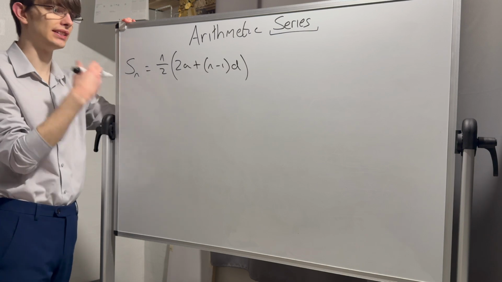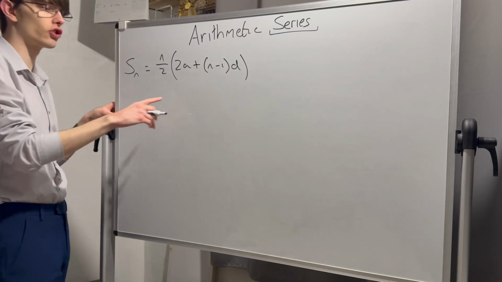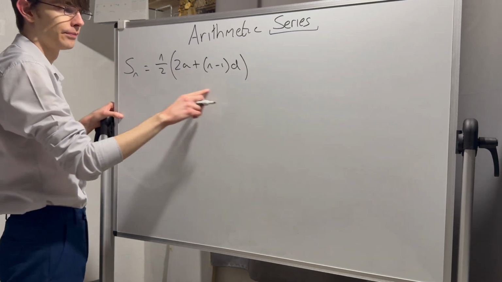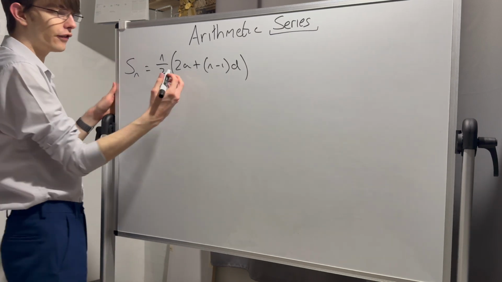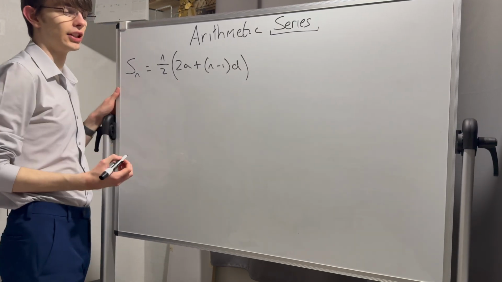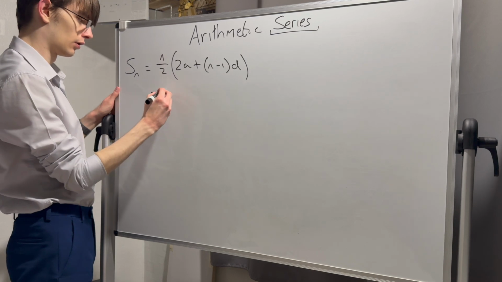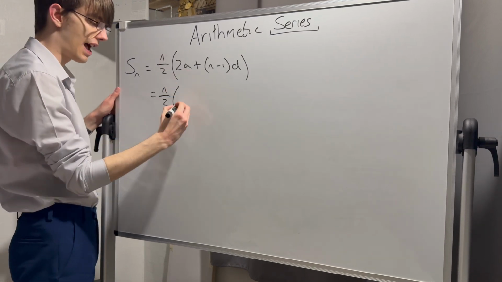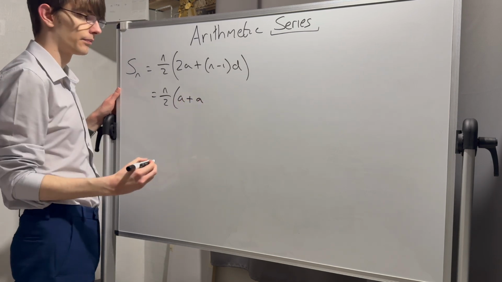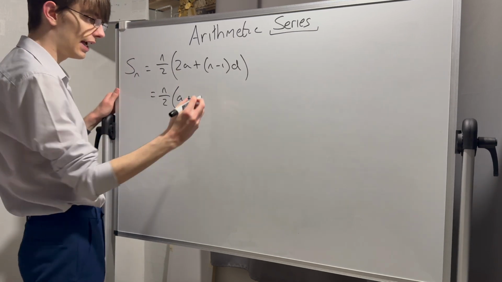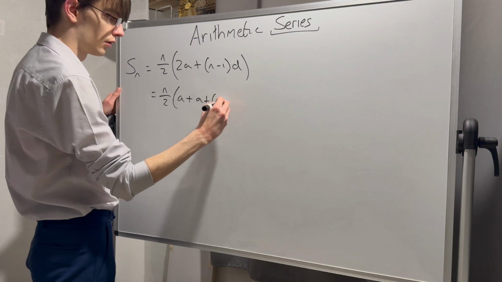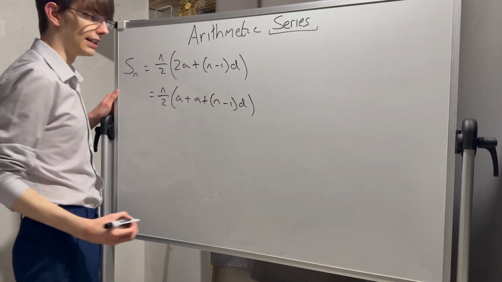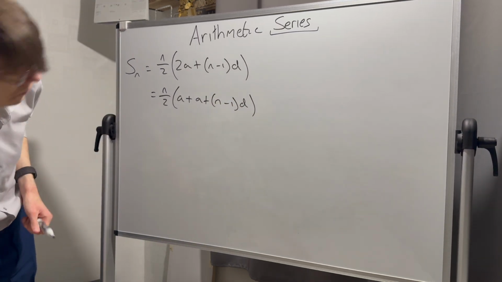Just before we see this in action, I want to draw your attention to something going on in here. Now, if I expand out the interior a little bit, and I split my 2a into a plus a, keep my n minus 1d, I notice something.